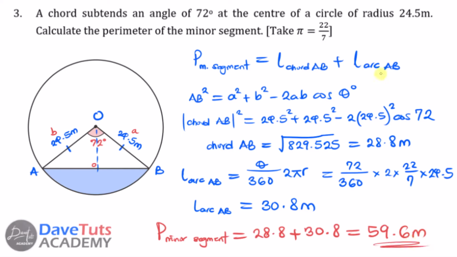Just try this also, you will discover that you are going to arrive at the same answer. But very key for us is to note the formula that we first need to understand: the perimeter of this minor segment is the addition of the length of the chord AB to the length of the arc AB, and shaded in blue here is that minor segment as requested. All right.